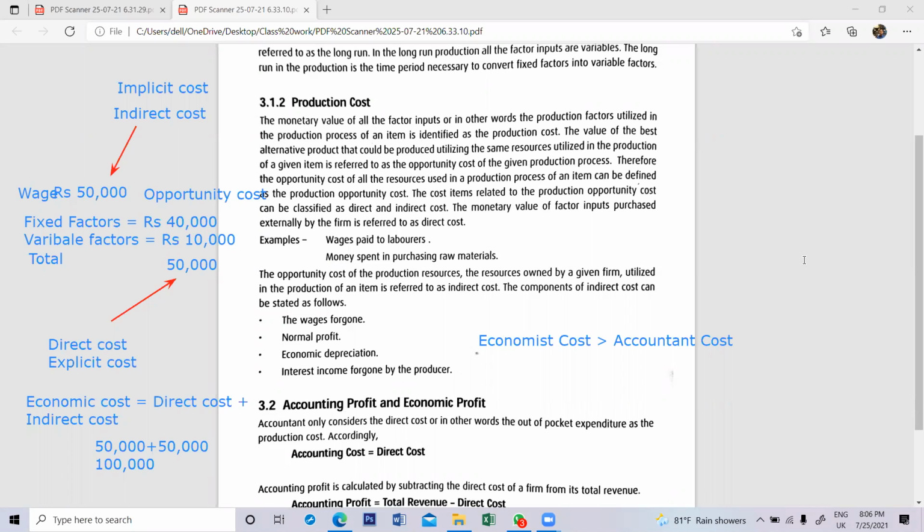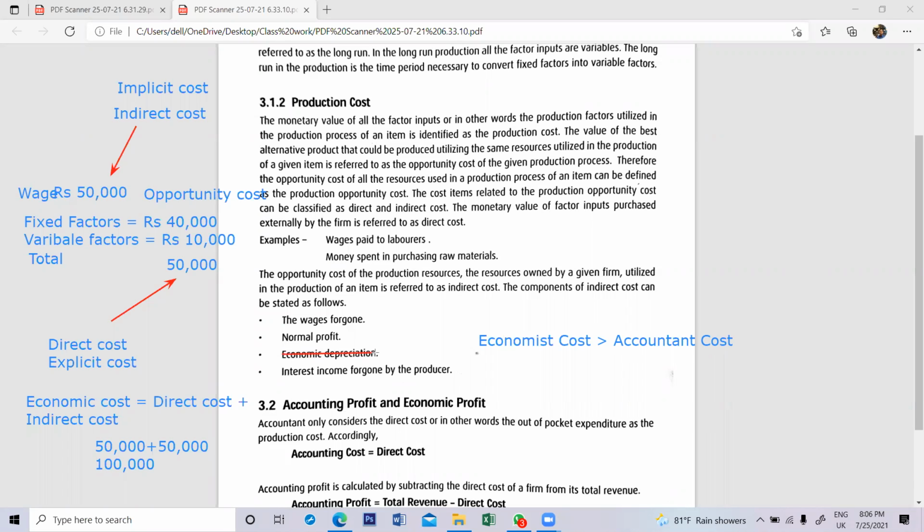The components of indirect cost can be stated as follows. The wage foregone. Next one, that's the example even I took. Normal profit, economic depreciation, interest foregone by the producer.